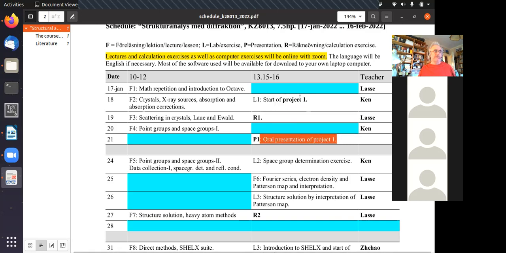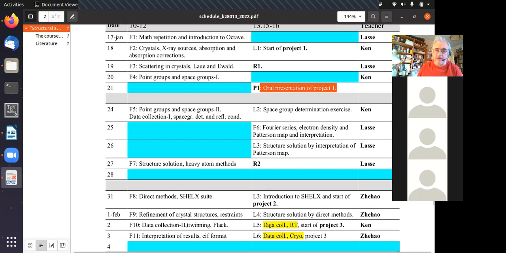You select some project, for example, hydrated transition metal compounds, or something like that, and then you look in some databases. Now when we have it online, everything is online, by the way. We didn't plan anything on site, except possibly later in the course where we have data collection, that is necessarily on site.